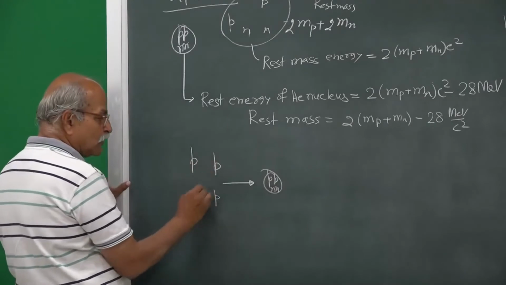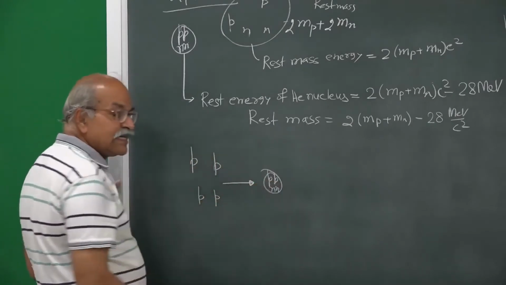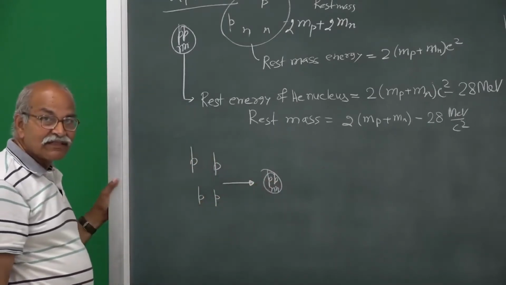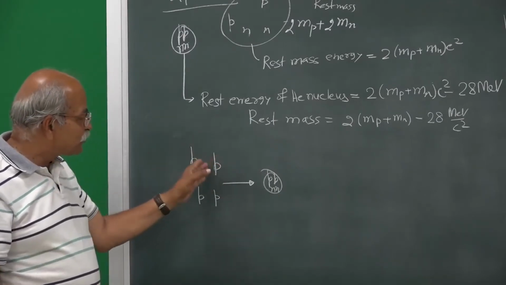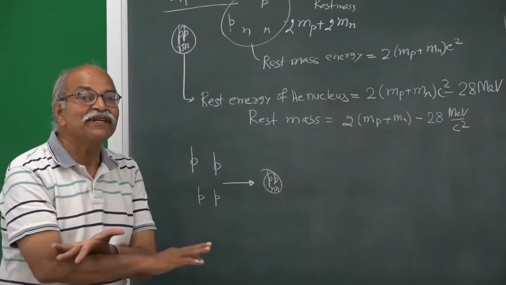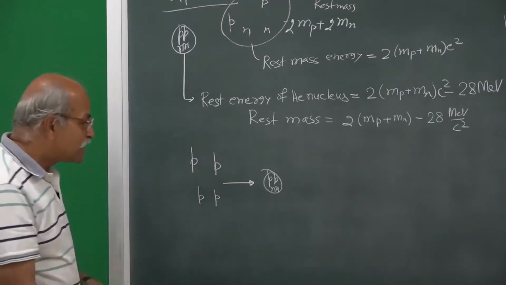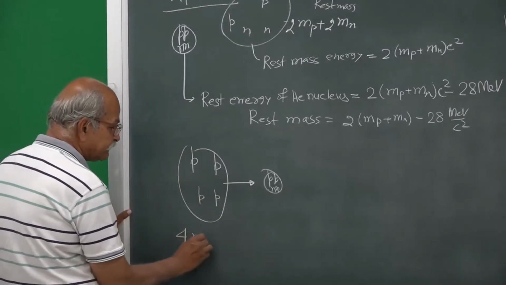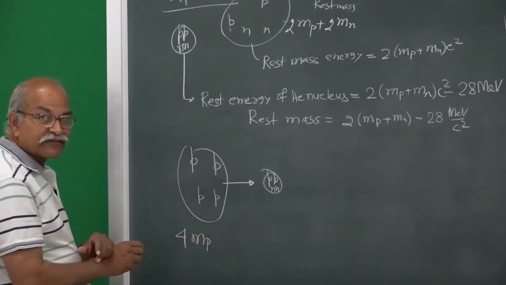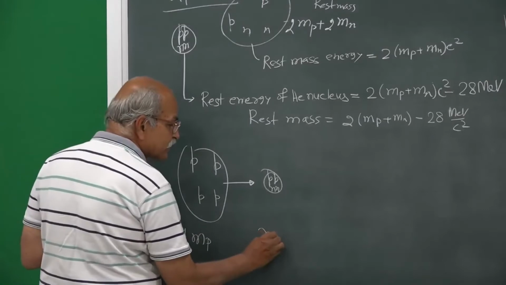Of course from protons you have to make neutrons also, and proton and neutron have slightly different rest masses, but still the rest mass of 4 times mp is the rest mass here and this is the rest mass here.